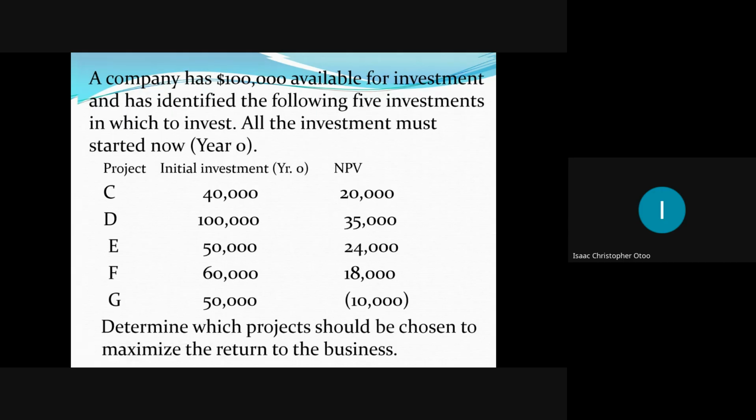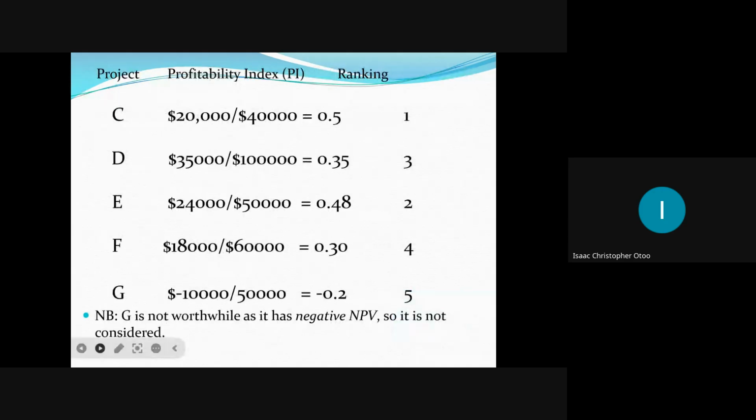But we are going to choose among them, so look at how we are doing it: we rank them. The NPV over the cost will give 0.5, 0.3, 0.48, 0.3. So you could see that project C should be the first, the one that should be chosen.